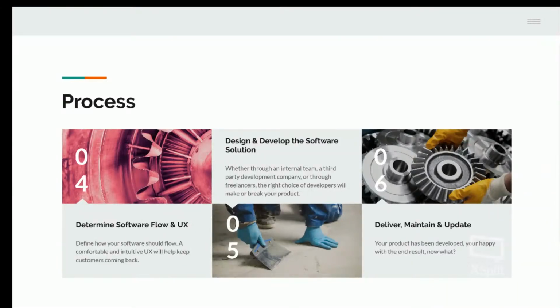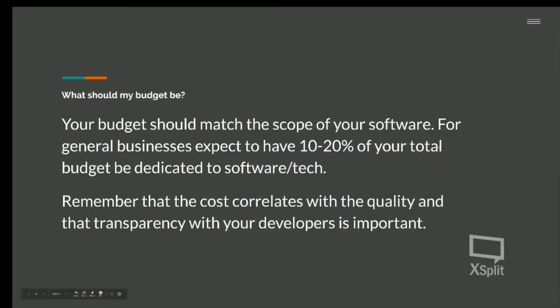You're only 20% there. Your product's out there. Now you need to maintain it. We'll talk about what that means, what there is to do when you maintain, and how important it is to have it all planned out. So let's get started with the next slide.